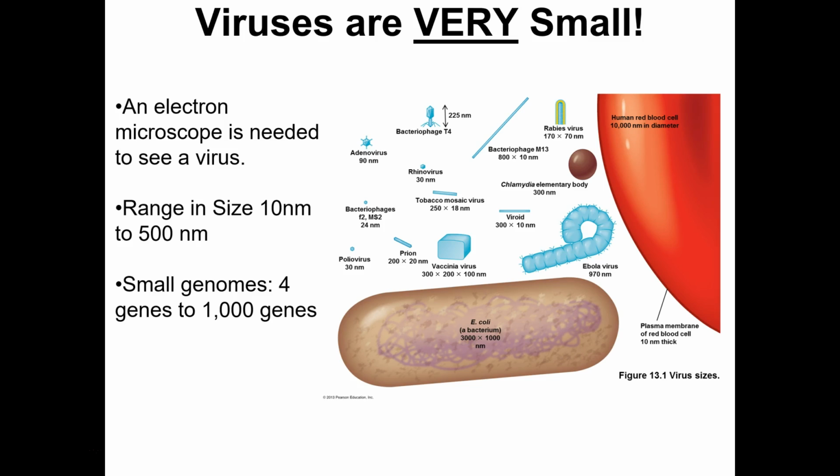So, for instance, the flu. We drew its entire genome. 8 fragments of RNA, each one is a gene. So that means the flu, which has killed millions of people throughout history, does so with 8 whopping genes.